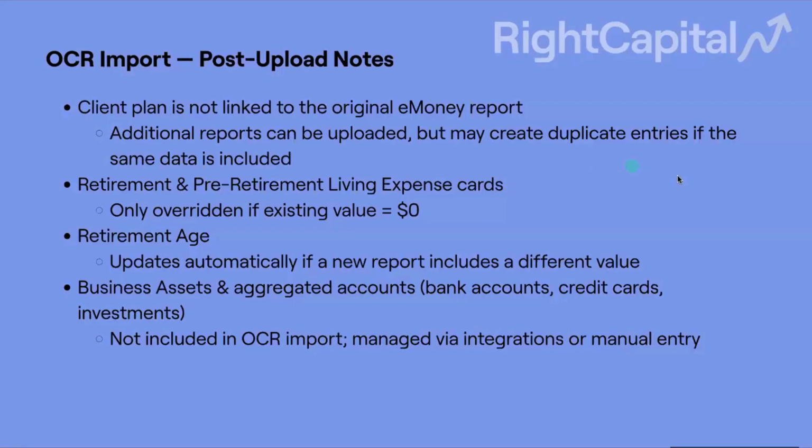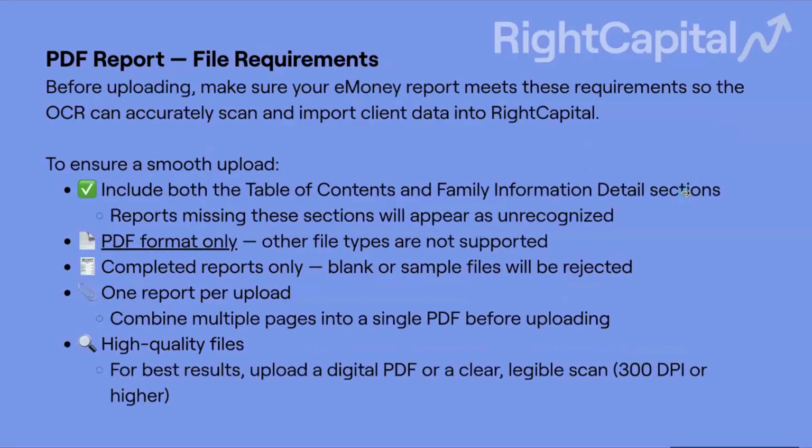Alrighty, and then before we move on here as well, I also want to touch on those file requirements just to make sure the upload goes smoothly. If we don't have the right file type, it's going to say unrecognized, and we want to avoid that as much as possible. So when using the import, RC relies on some specific sections within the report to accurately identify and map the client data.